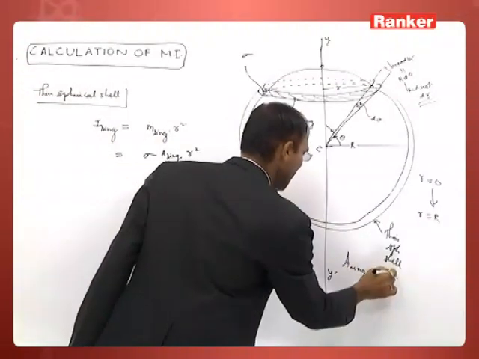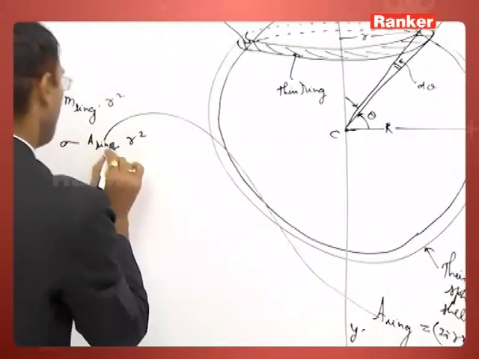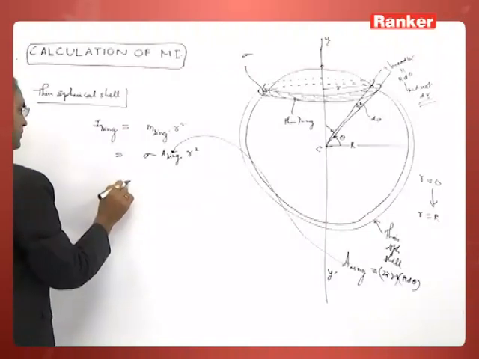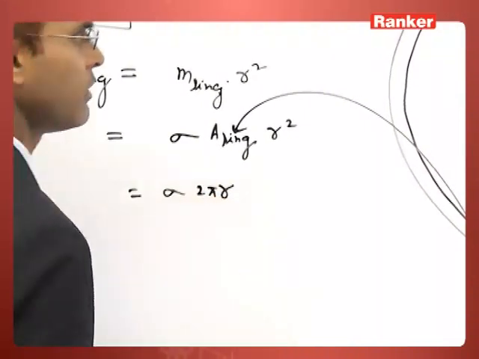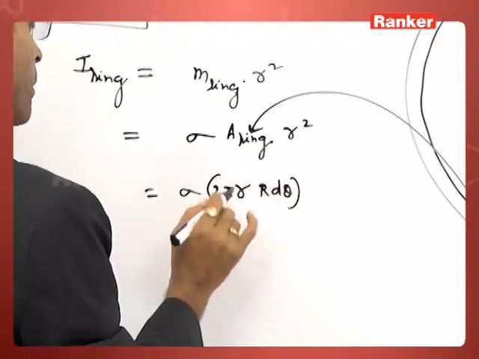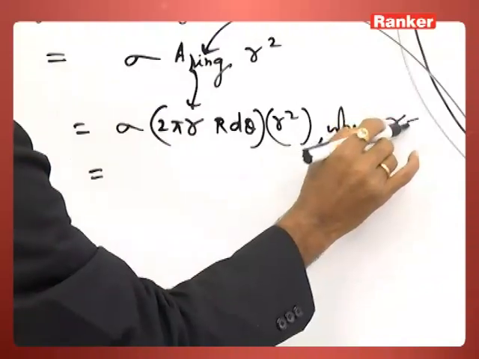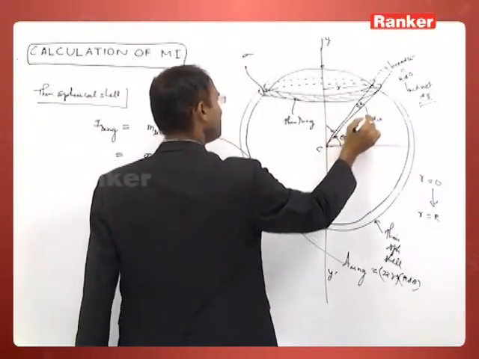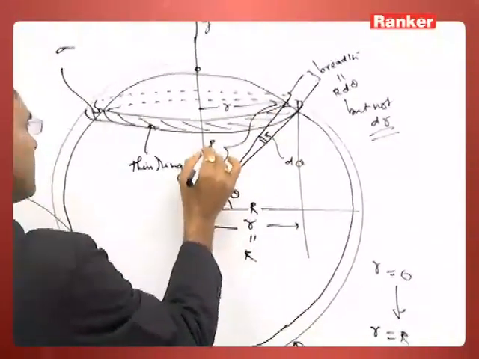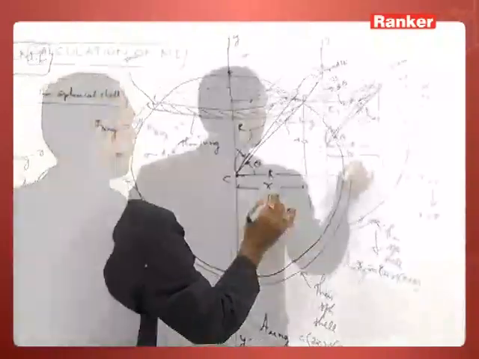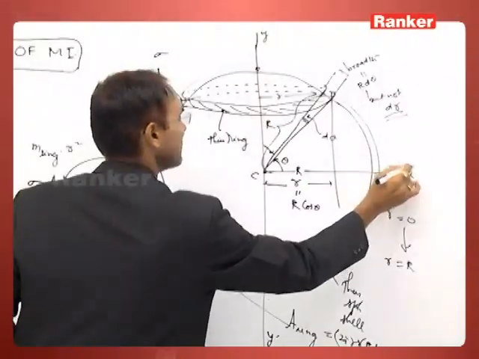So, the area of the ring will be equal to its length into its breadth, that is R d theta, and substitute the area here, that is equal to 2 pi r into R d theta into r square, where the radius of the ring can be given as R, because this length is R, and this projection of the radius of the sphere onto this x-axis, that is R cos theta.